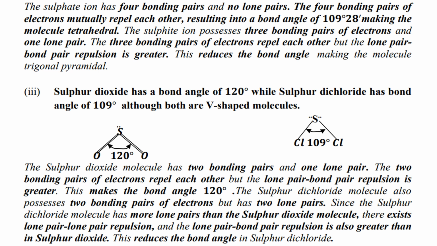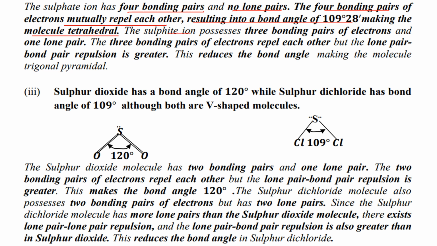So you're going to start by saying that the sulfate ion has 4 bonding pairs of electrons, just like we have recognized, without any lone pairs of electrons. So by that, we're going to say that the 4 bonding pairs of electrons are going to repel each other symmetrically, resulting in a bond angle of 109.28, making the whole molecule tetrahedral.